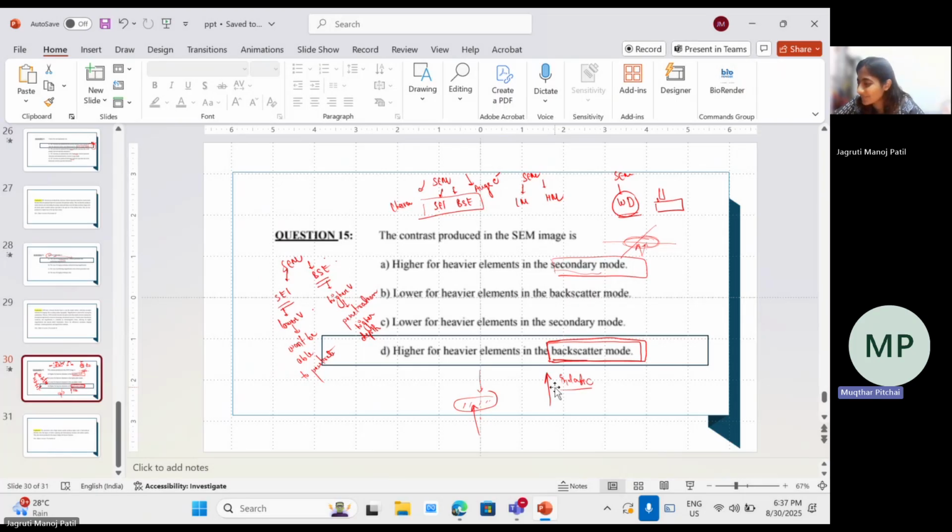Ma'am, from the examination point of view, which reading material should we use? We are unable to read the books and all. Even though college students can do that, we are working, and to do that is very difficult.